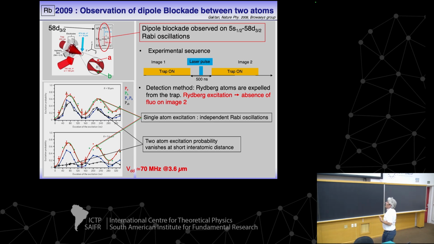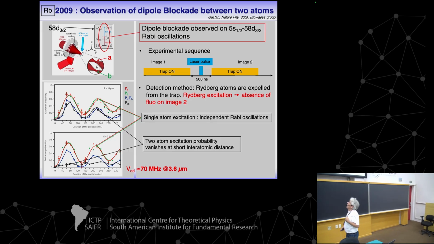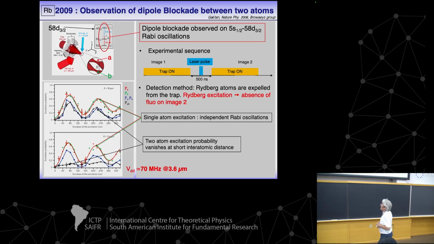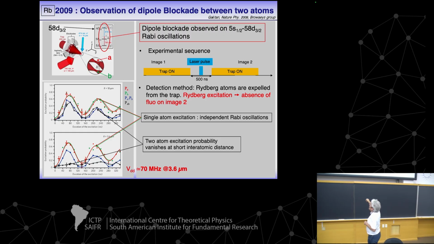And then they perform the experiment with both atoms present. And you see that basically when both atoms are present, you still have Rabi oscillations. They are a little bit less contrasted, and indeed they are just less contrasted because what you expect for independent atoms is that the signal is a product of the red and the green data here.